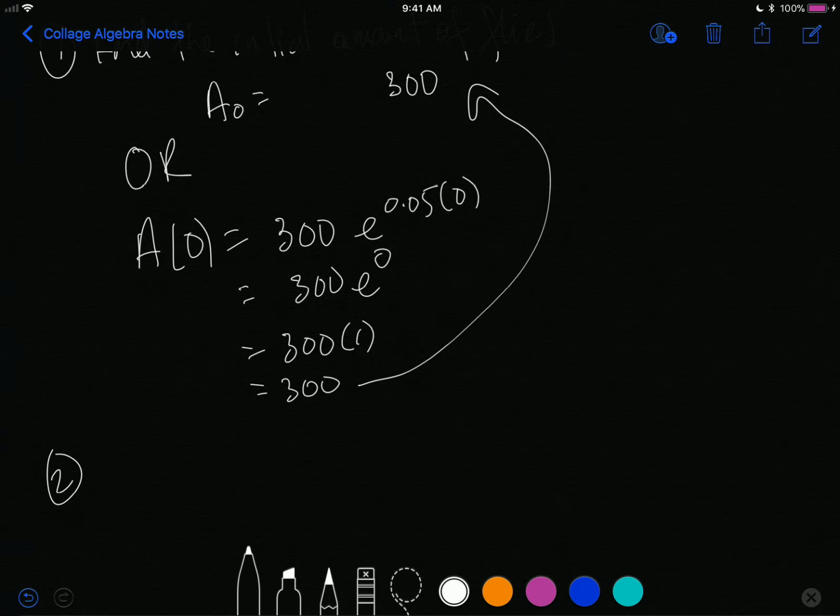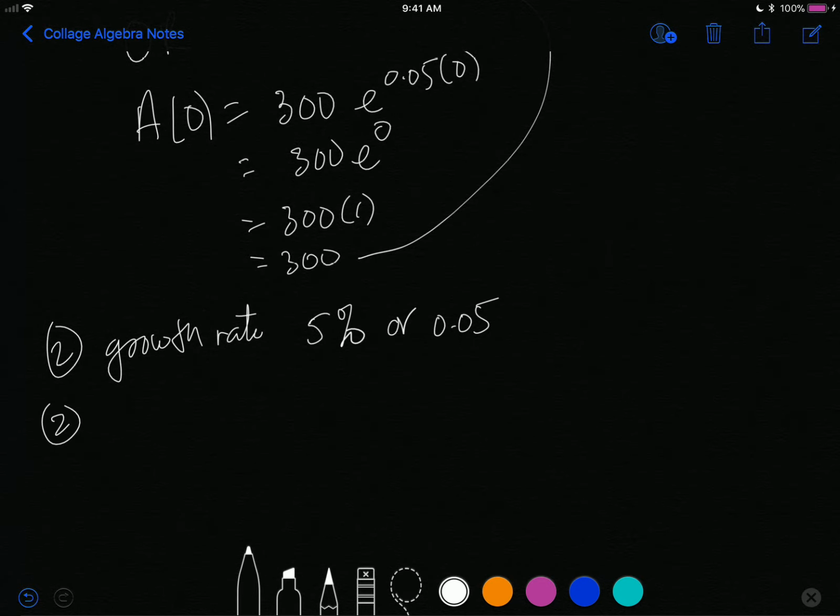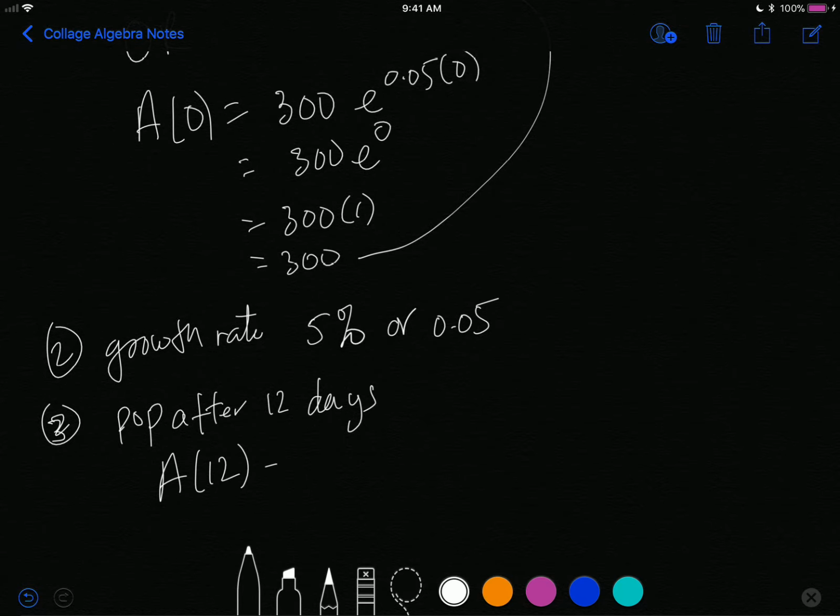Number 2, what's the growth rate? The growth rate is simply 5%. And it's positive, so that tells us we have exponential growth as opposed to exponential decay. How many flies will we have after 12 days? That simply means you have to find the amount when the number of days is 12. That's 300 e to the 0.05 multiplied by 12.